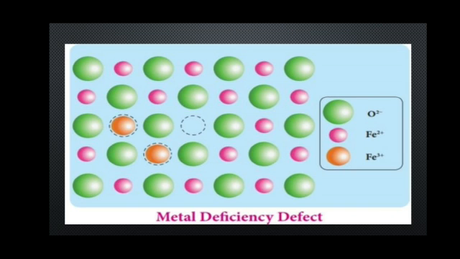But on the whole, we cannot balance the O2 minus ions since the oxidation state of the ions varies. Iron exists in two oxidation states, 2 plus and 3 plus. Only 2 plus is convenient to balance the O2 minus ions. If we introduce Fe3 plus, we are not able to counterbalance the ions in the crystal lattice.